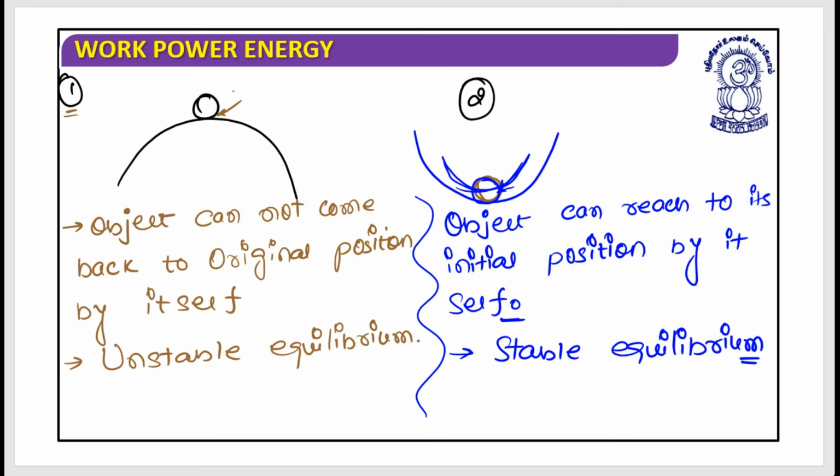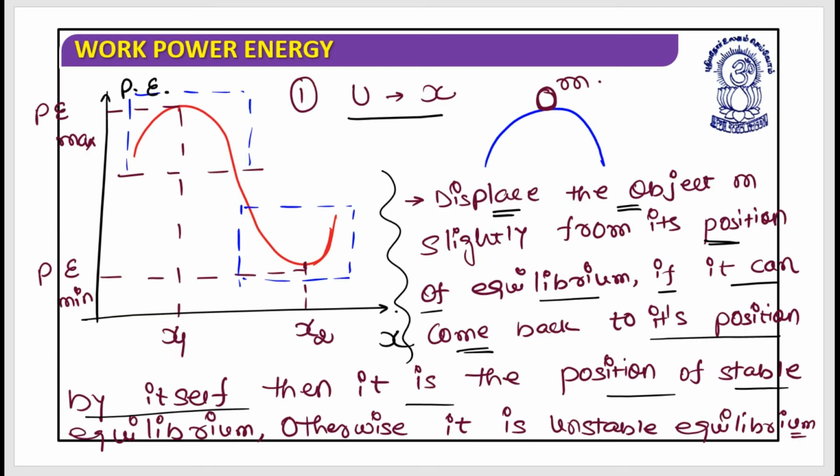One more thing, you can have this idea from one more point of view. So this is the case of unstable equilibrium, and this is the case of stable equilibrium. Look at this one more thing.